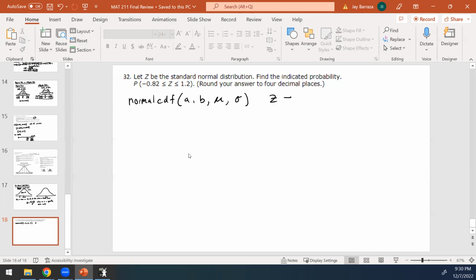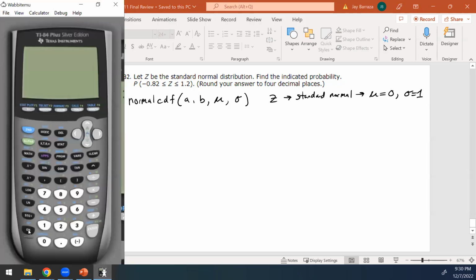Now, Z implies standard normal, which implies mu equals 0, sigma equals 1. So you're going to go to second, click on distribution, and it's the second option. Do not use the first option. Never going to use a normal PDF.